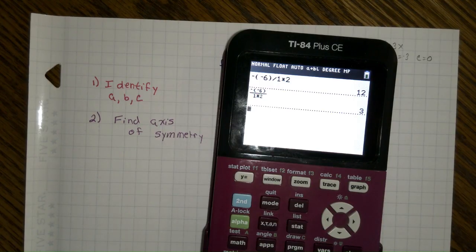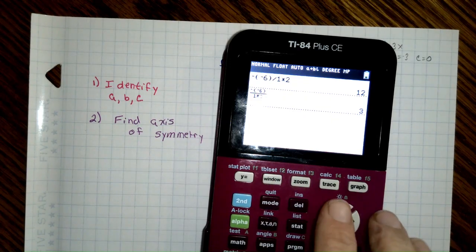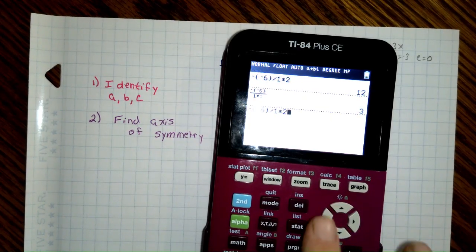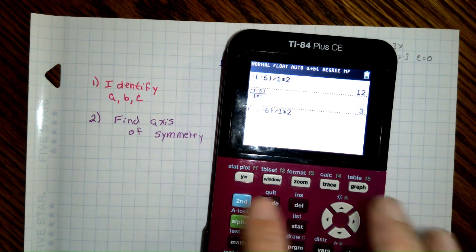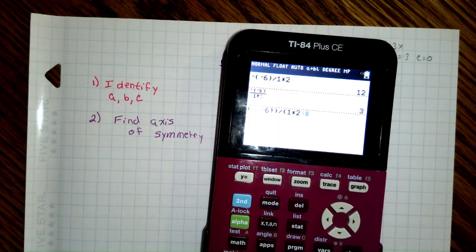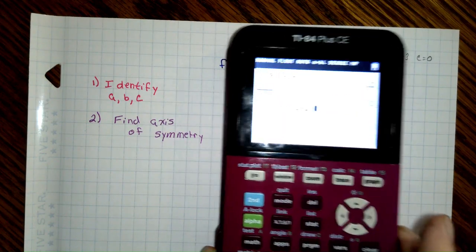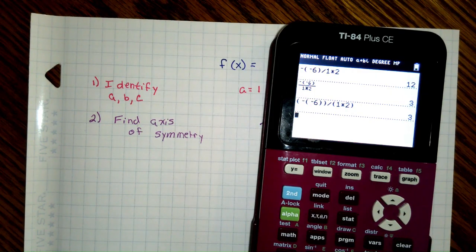That's 3. So what happened is, anytime you're going to type it horizontally, you need to make sure that you completely group your numerator and you completely group your denominator, so that it understands that you have to do the numerator first, the denominator first, then divide. And now we're getting the same answer.